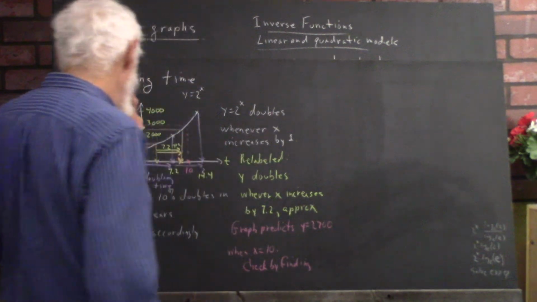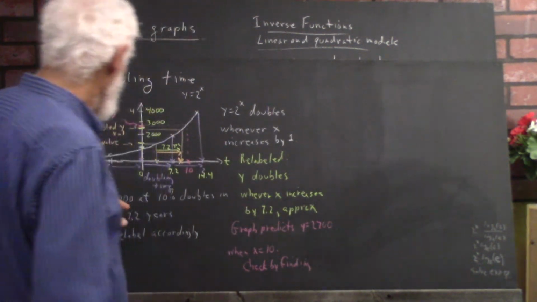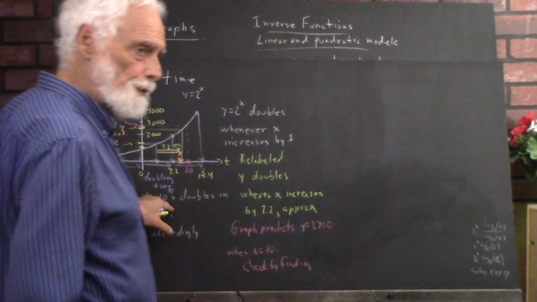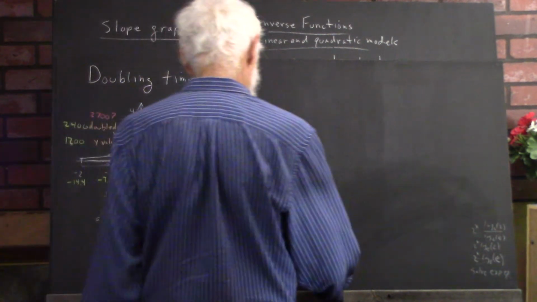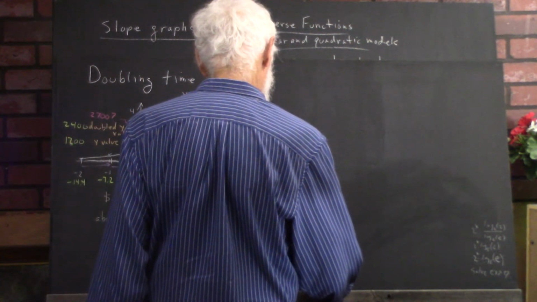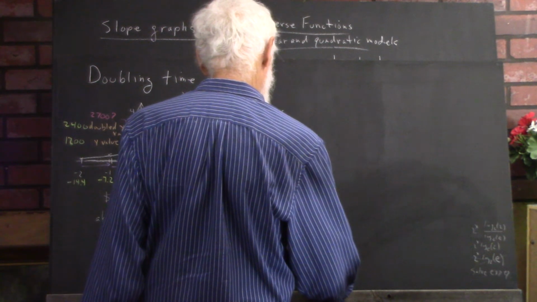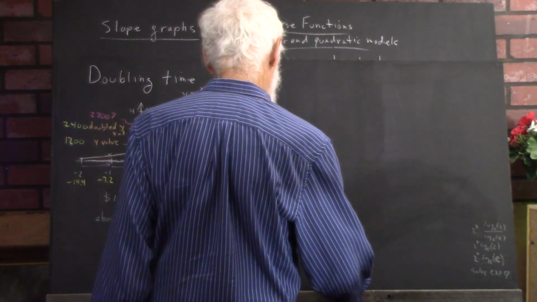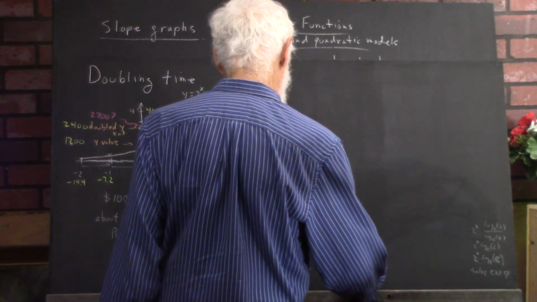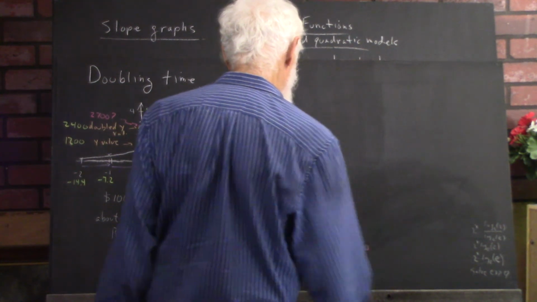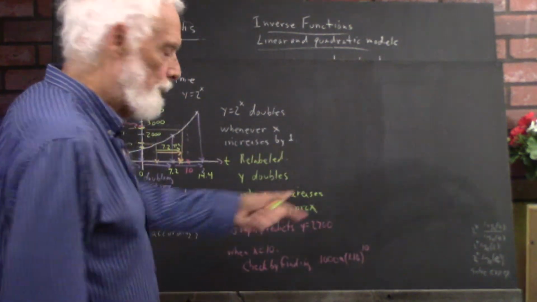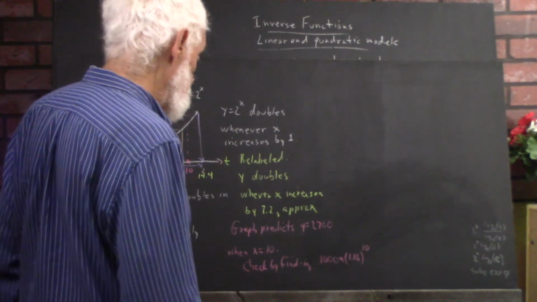by finding what? Well, $1,000 at 10% interest: 1,000 times 1.10 to the 10th for reasons that you should understand.